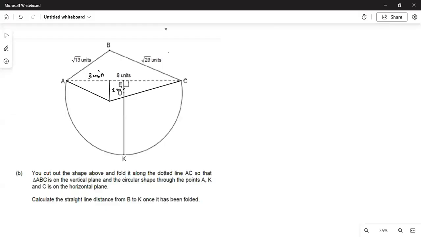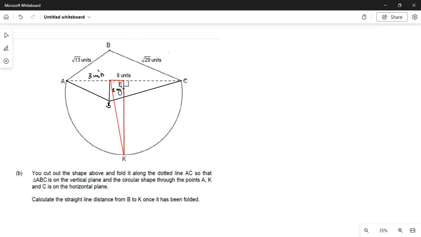Then the next thing we want to do is calculate the straight line from K to the point below our B over here. Let me just draw in the line so we can see what we're working with. This is the line that we are interested in. We know that this will be 1 unit because AE was 4 units as a whole, and we know that this length is 4.88.